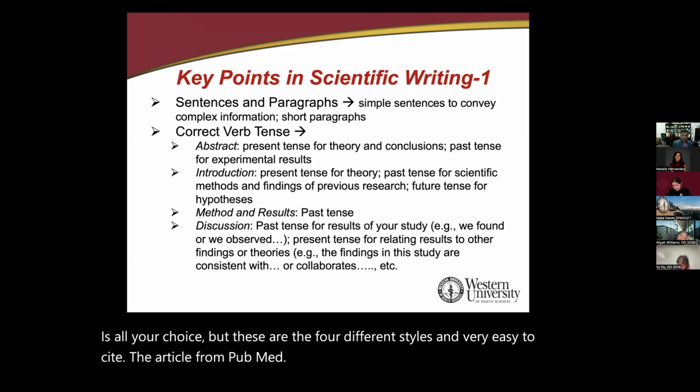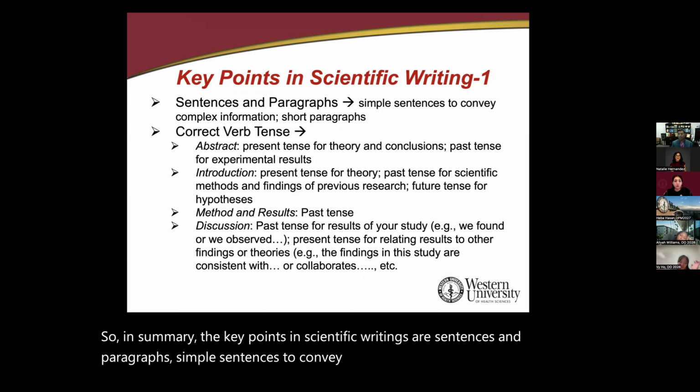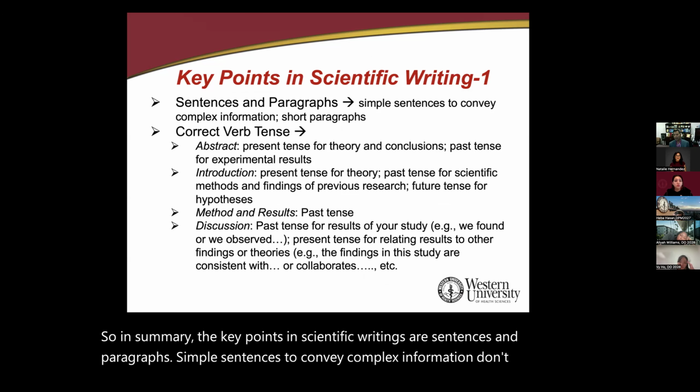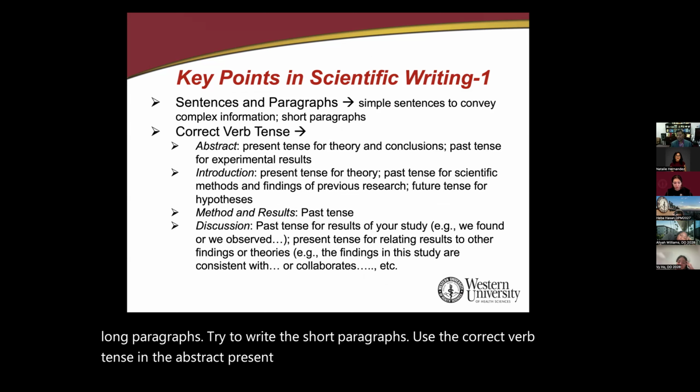So in summary, the key points in scientific writing are sentences and paragraphs. Use simple sentences to convey complex information. Don't have long paragraphs; try to write short paragraphs. Use the correct verb tense. In the abstract, present tense for theory and conclusions, and past tense for experimental results.